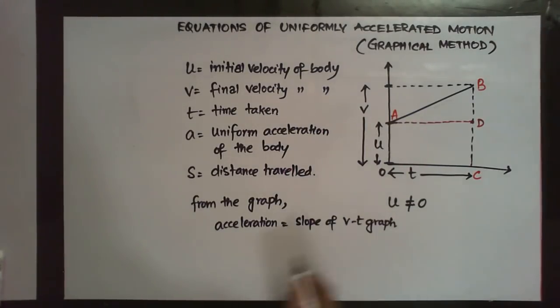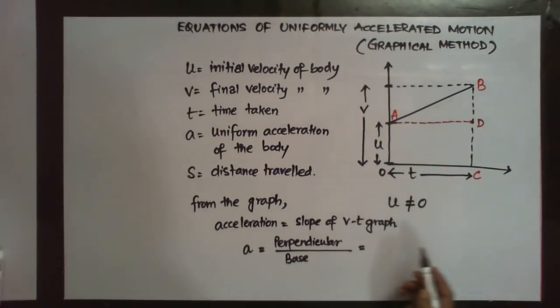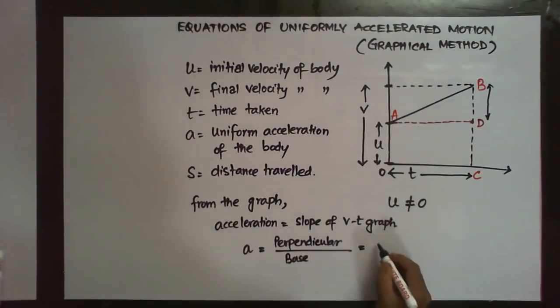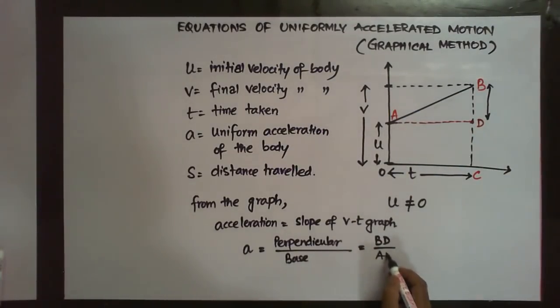Slope of VT graph is nothing but perpendicular divided by base. And what is the perpendicular here? This length is the perpendicular, so this is BD upon, and the base is A to D, so it is AD.